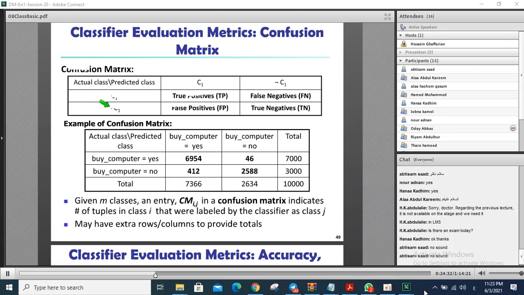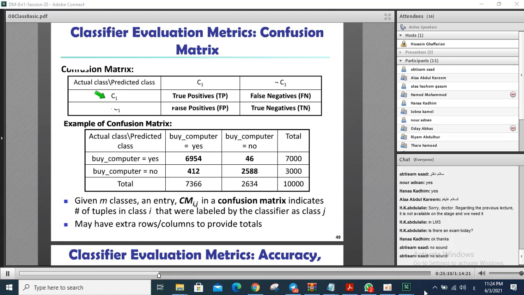So I'm truly predicting the positive class label for a tuple with a positive class label. False positive means that actually my class label is not C1, but I predict C1.